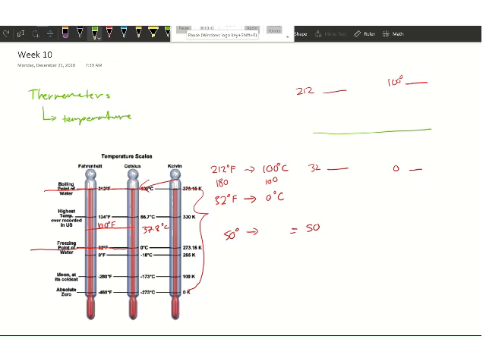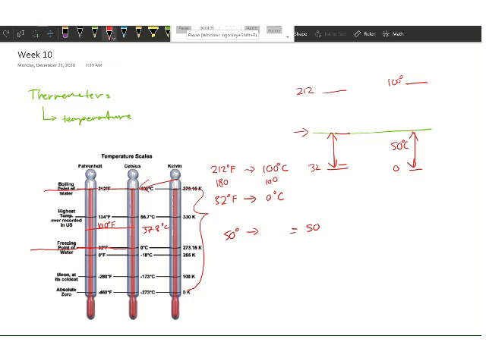I'll show you here. We just need to determine the difference, the gap between these two.